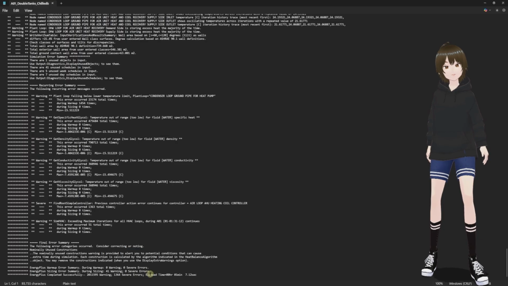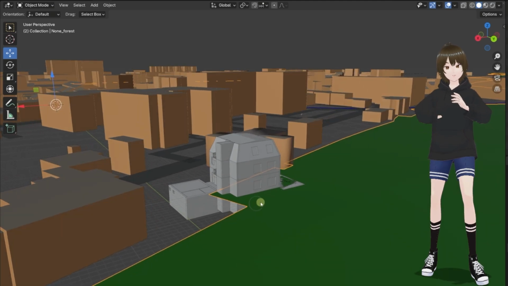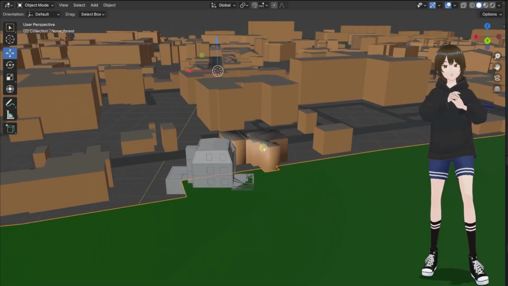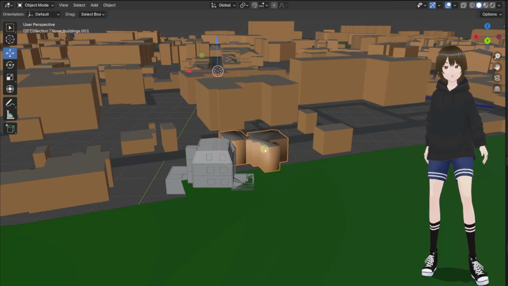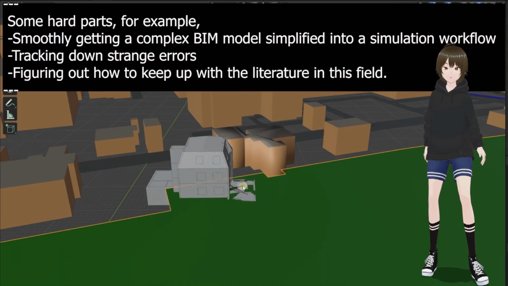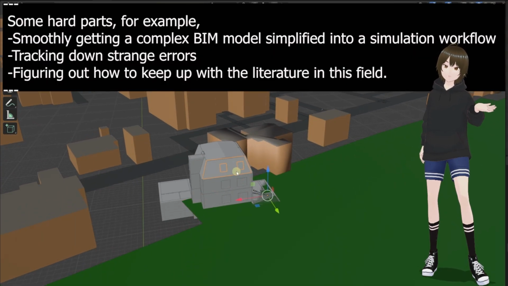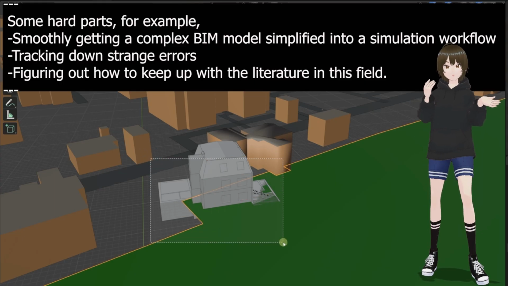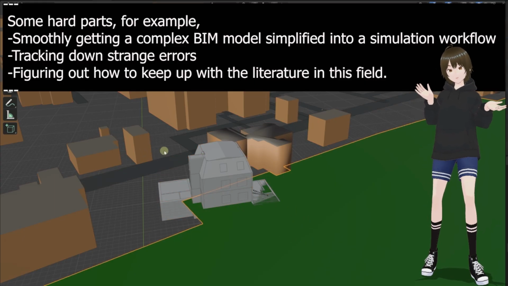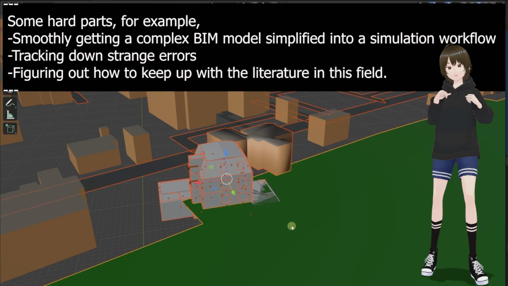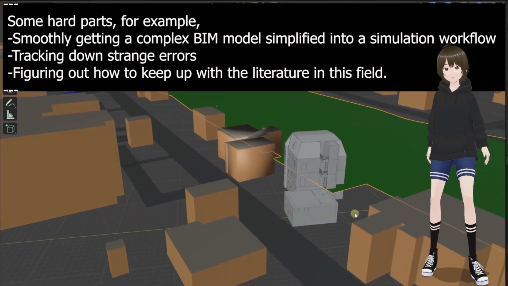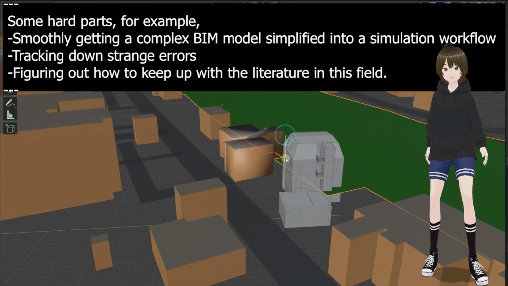Some problems are surprisingly hard to find clear answers for. Things like smoothly getting a complex BIM model simplified into a simulation workflow, tracking down strange errors, or figuring out how to keep up with the literature in this field.